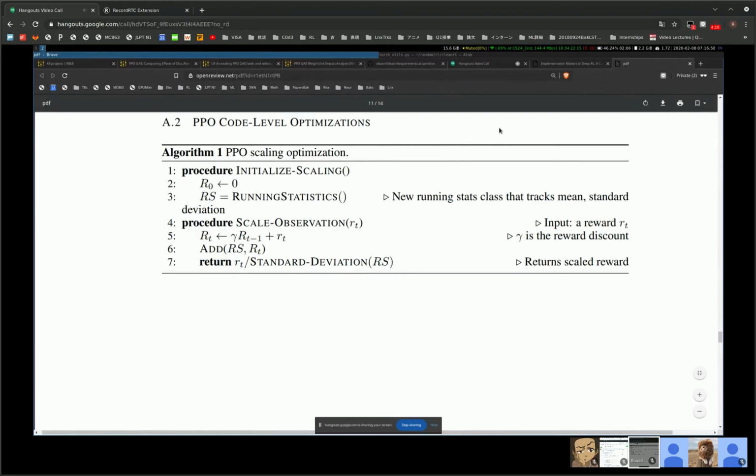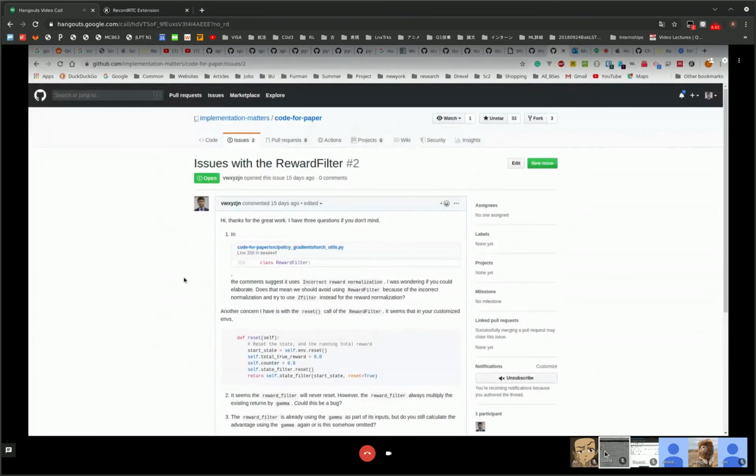No, because in the paper, I think they have it instead written reward normalization instead of return.